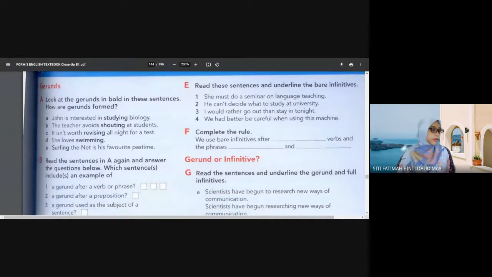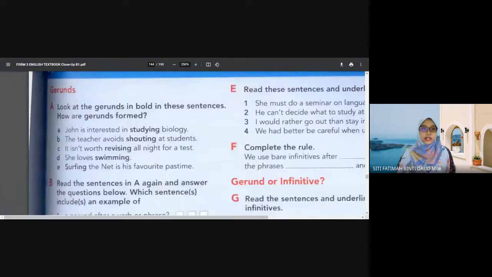Look at the examples first. Look at the gerunds in bold in these sentences. How are gerunds formed? Number 1, John is interested in studying biology. The teacher avoids shouting at students. It isn't worth revising all night for a test.